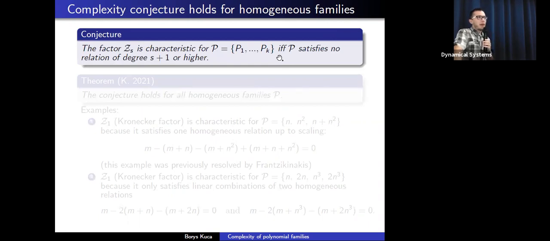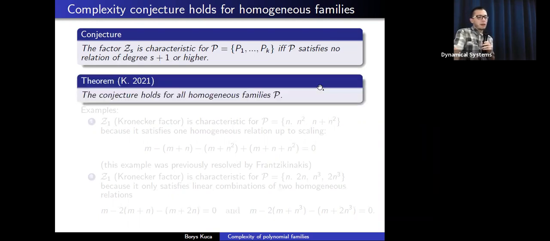And having defined this concept of homogeneity, I can finally state my result. So let me recall the conjecture. The conjecture is saying that the factor ZS is characteristic for a family if and only if this family satisfies no algebraic relation of degree S plus 1 or higher. And what I was able to show is that this conjecture holds for all homogeneous families P. And again, this is very abstract.